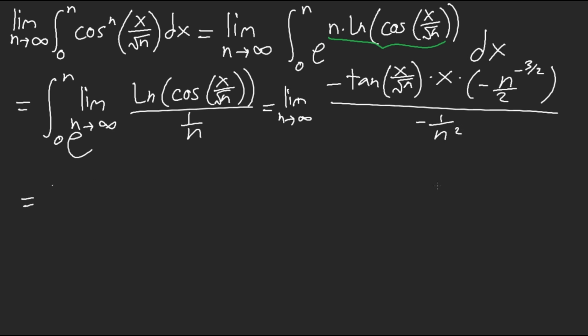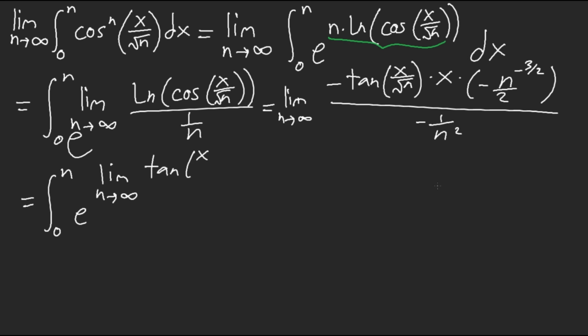Okay, so now if we simplify this, it should look like tangent. The negative cancels out, so we still have a negative.